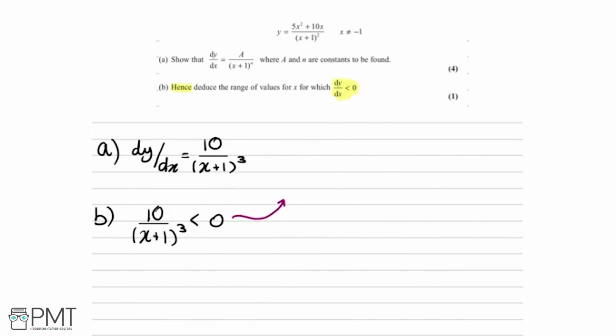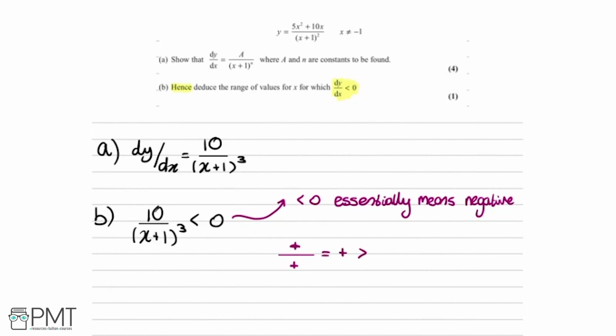If we think about this, less than 0 essentially means negative. So we need to work out for what values of x this expression is negative. Now we see it's in fractional form, so we're just going to try a few things. In fractional form, if you've got a positive over a positive, well that equals a positive.